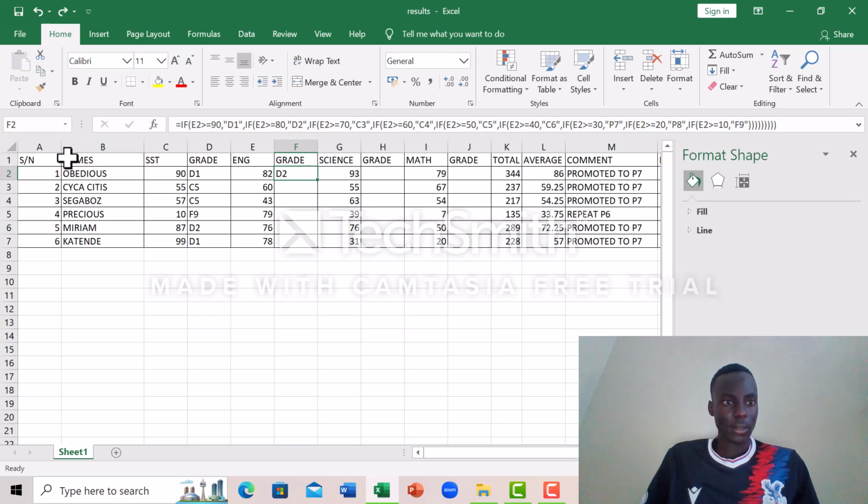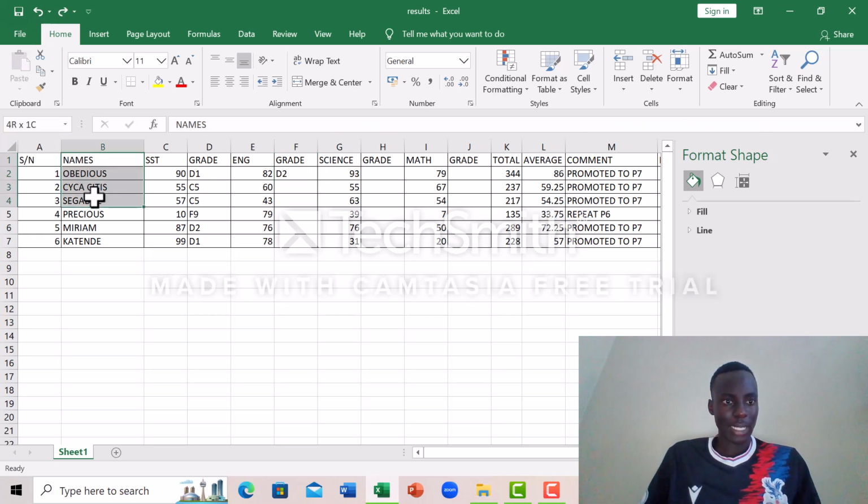Let's repeat again. We shall highlight, press Ctrl, and choose any we want. Let's use our average. We come and highlight from there, press Ctrl, and just repeat.